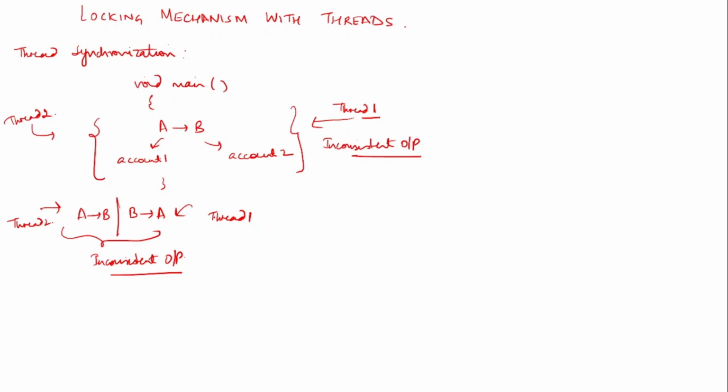Let's say when thread 1 is executing this particular statement, I am making a transaction from account B to account A, taking all my money from account B and pouring it into account A. And if thread 2 starts executing midway, thread 2 would also take all the amount from account A and put it in account B. So obviously this would result in inconsistent output if we are executing both threads in parallel.